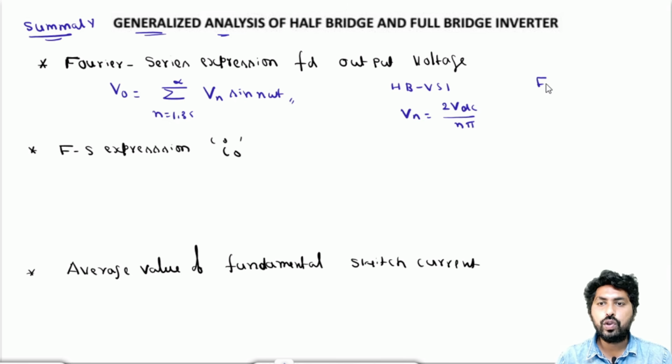For the full bridge voltage source inverter, Vn equal to 4 VDC by n pi.